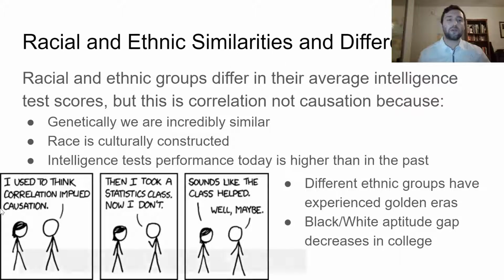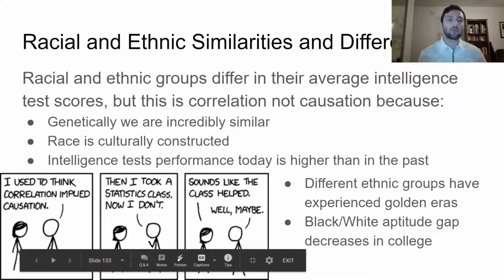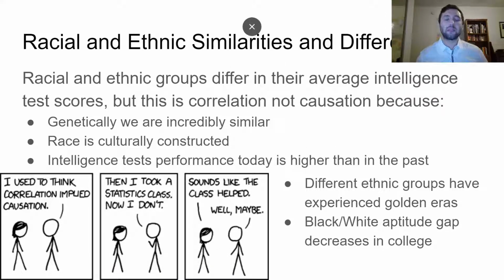In addition, we know that race is something that is culturally constructed. What that means is there aren't actual biological things that tell us someone is one race or the other. And race has actually changed. A really simple example of this is that in the beginnings of the United States, and even before that in Europe, people who were Italian were not considered white.